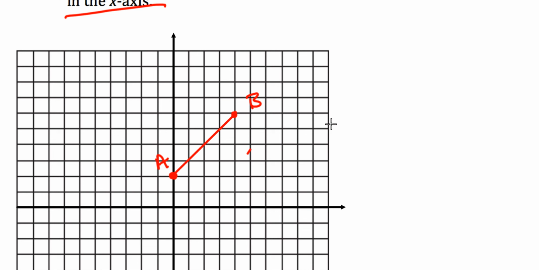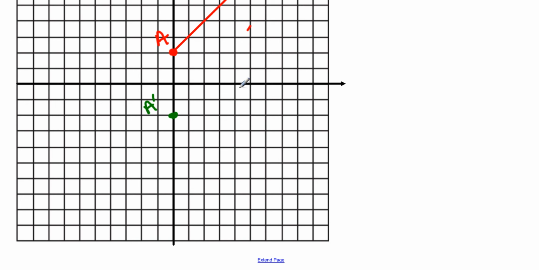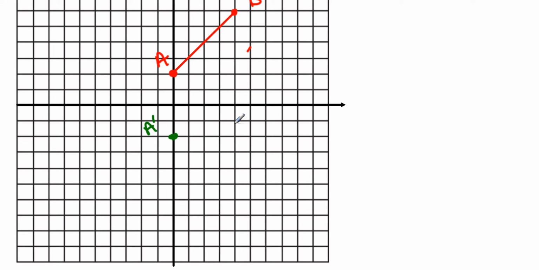So that would be the line segment AB. But if you have to reflect this one about the x-axis, then what would happen? So A is 2 units above the x-axis, so it's going to go down 2 units below. That's going to be called A prime. B is what? 2, 4, 6 up, so you're going to go down by 6 down. 2, 4, 6.